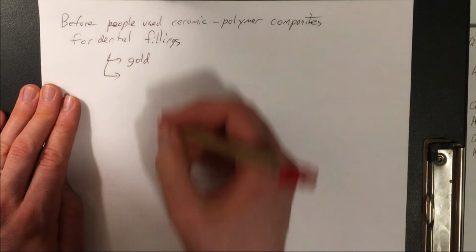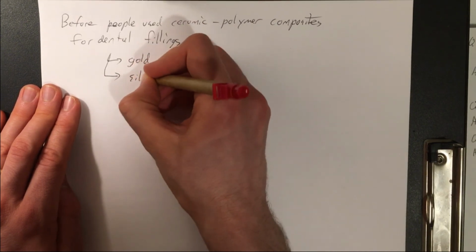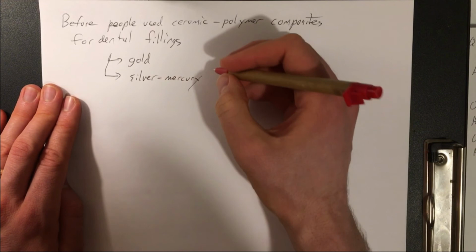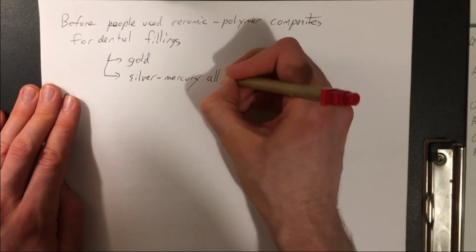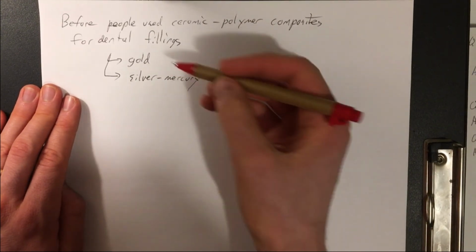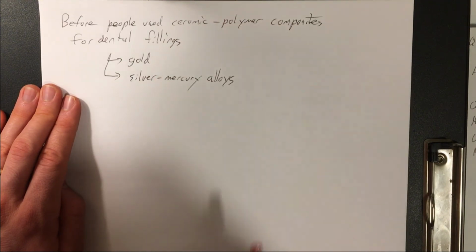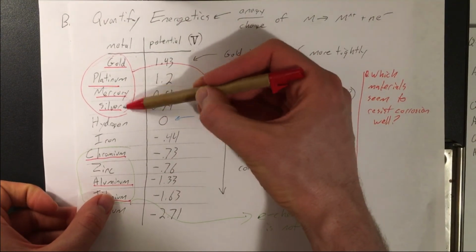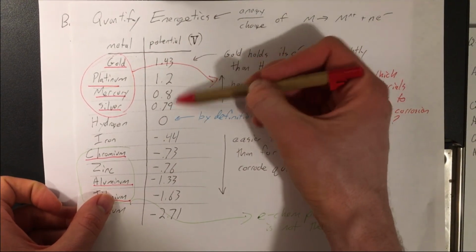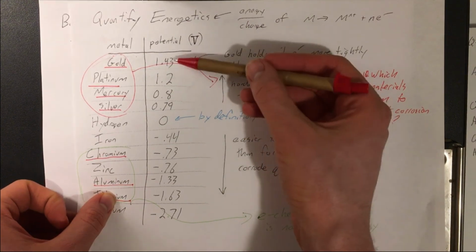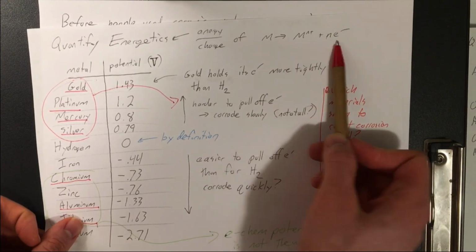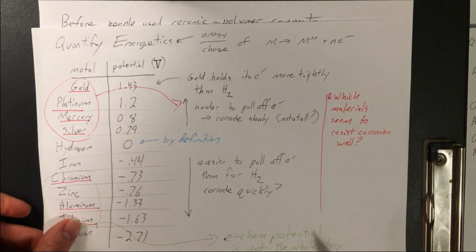And people also used silver mercury alloys. And the reason people used these materials for dental fillings was because mercury and silver and also gold have these high potentials. So they basically don't oxidize. This reaction is unfavorable for them.